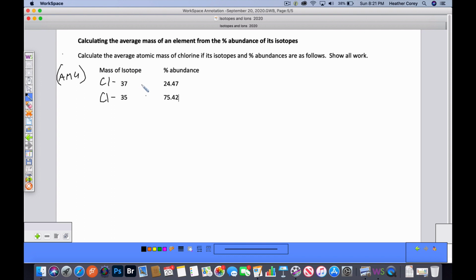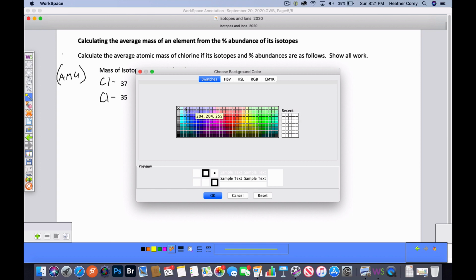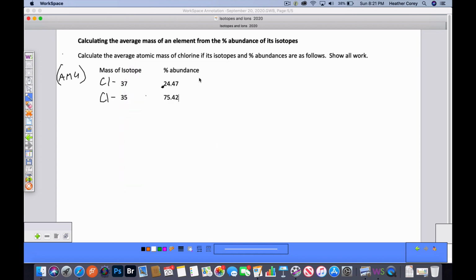So to calculate, you'll take your isotope times the percent, and we're going to put our percent into decimal form. To do that, you divide by 100, or I just move the decimal over 2 places. Okay, so divide by 100, or move the decimal over 2 places.